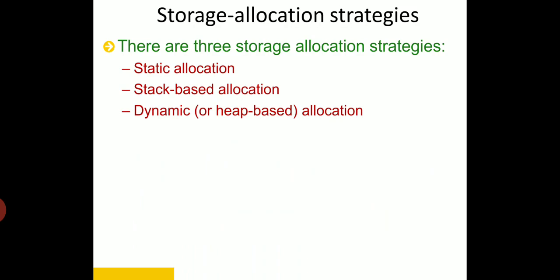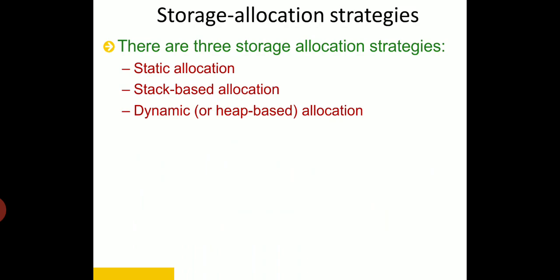That is dynamic allocation, and that type of memory is allocated in the heap. After usage we have to deallocate the memory, that means we have to use the delete operator. So the memory allocated in the heap will be deallocated. That is dynamic or heap based allocation.